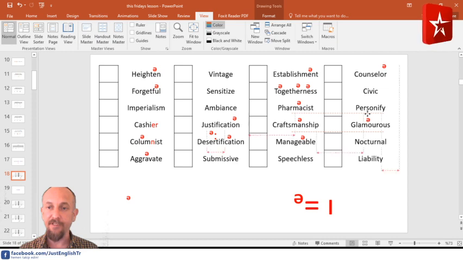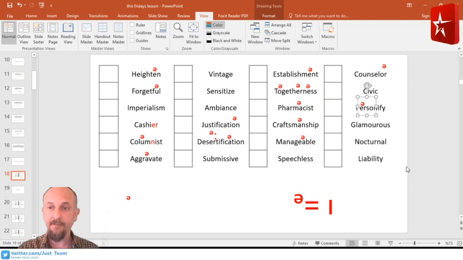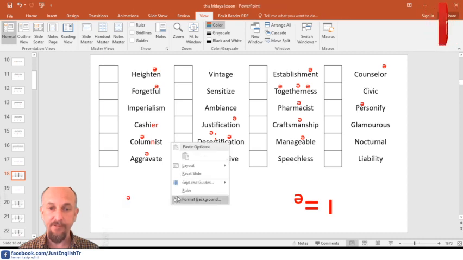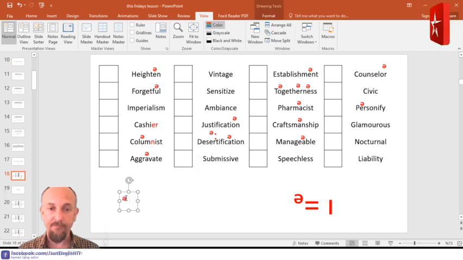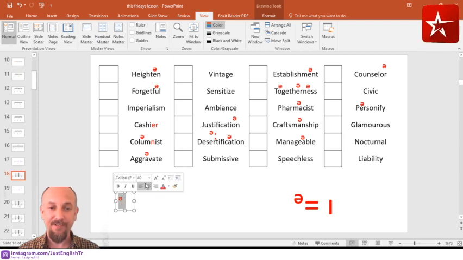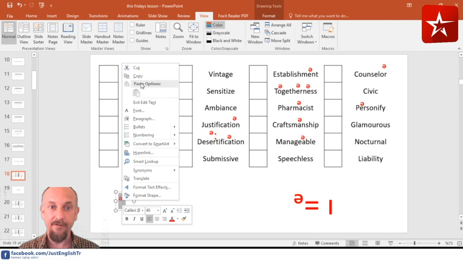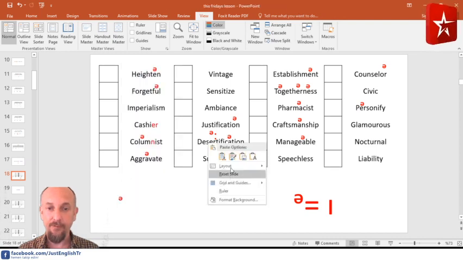So we have this one here as well, personify. And we've got that sound just there above the E. It's not personify, we don't have an R sound. Then we have glamorous. Can we copy this like this, and I'm going to quickly paste one.